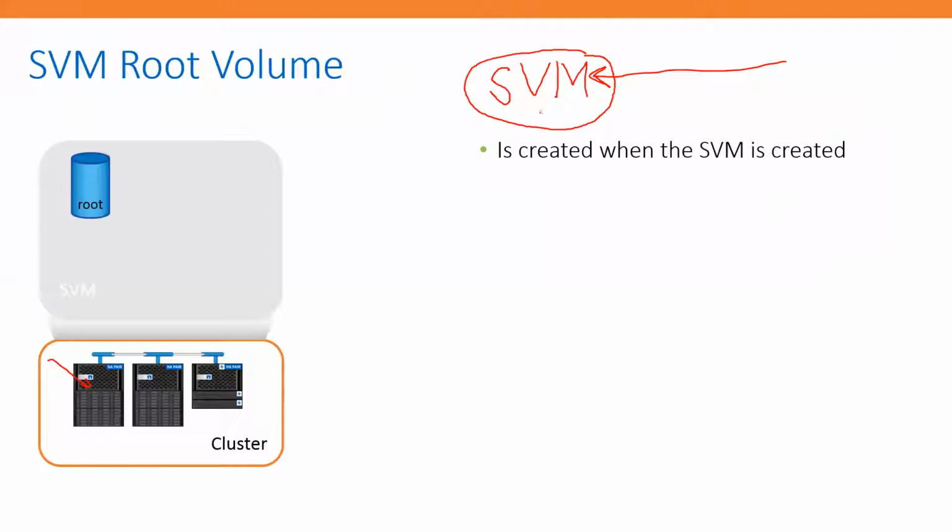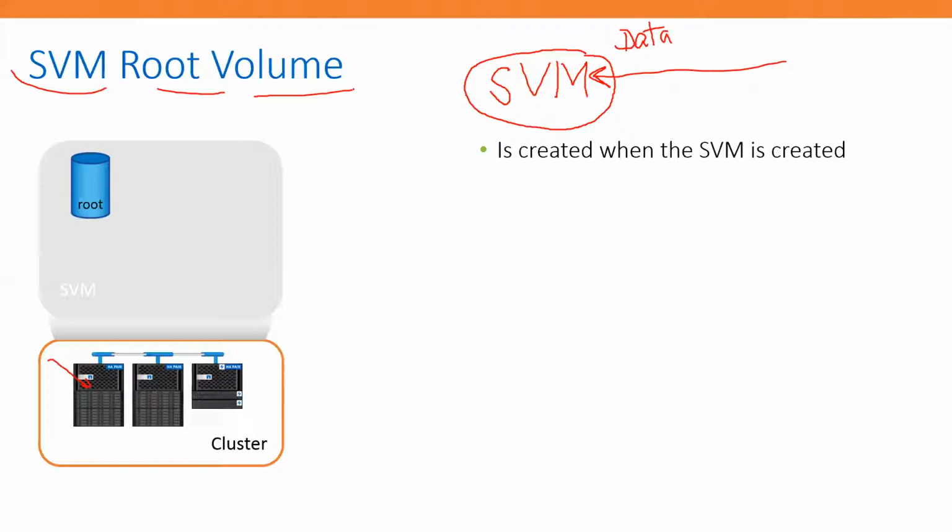So they have made the architecture so smooth that whenever you create an SVM, and I assume you understand I'm talking about a data SVM, the system will automatically create an SVM root volume too, just to make the users feel that there is a Vol 0 kind of thing.